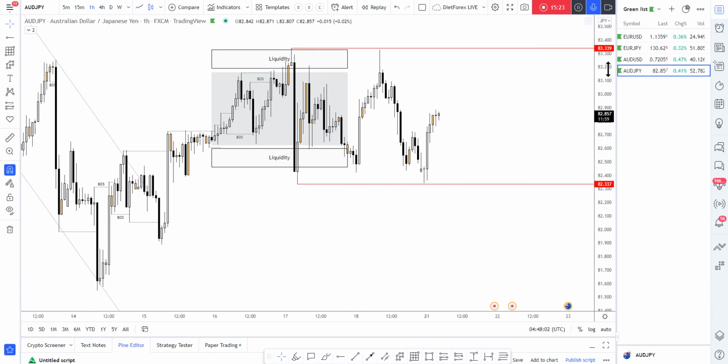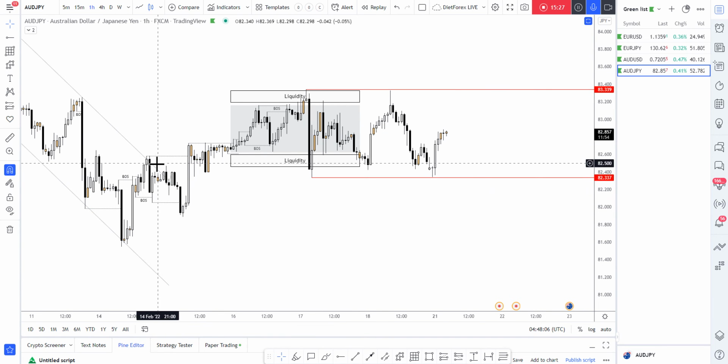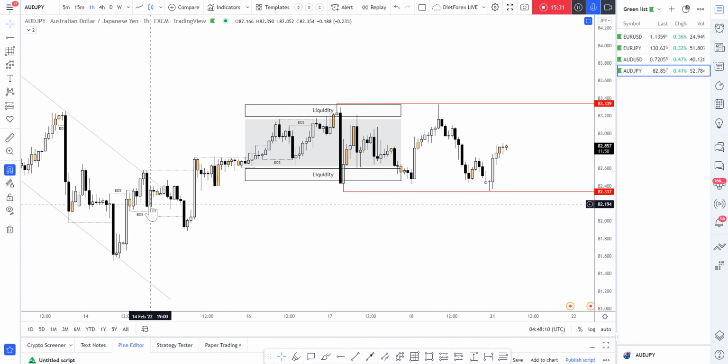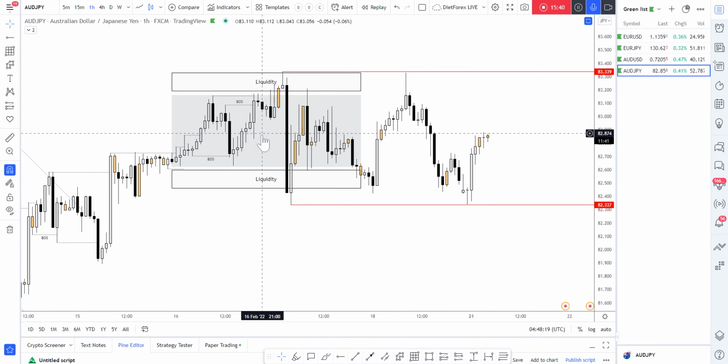Same thing, same scenario. Last week we had this leg, and then it started breaking out of that channel, but we didn't get a good trend, and I see this as a range last week.